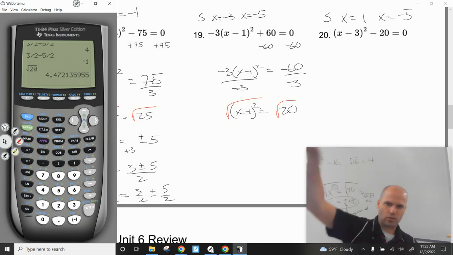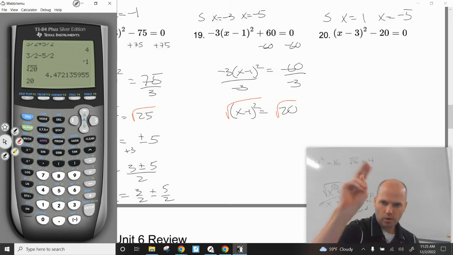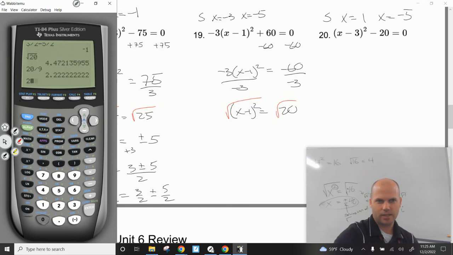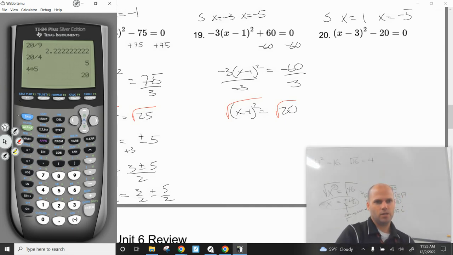Simplify like we did 1, 2, 3, 4, 5, 6, 7, 8, 9. What perfect square goes into 20? Well, check 9. Obviously, that's not going to work. Check 4. Yeah, 4 times 5 is 20. Root 4, root 5 is root 20. 2 is the square root of 4.